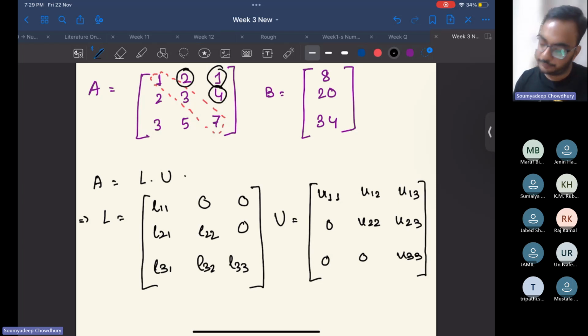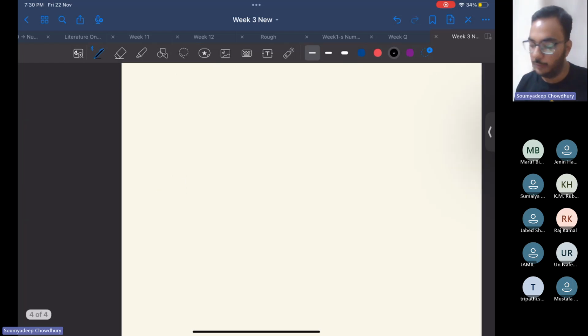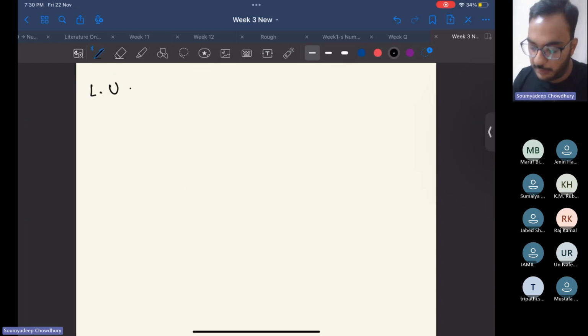So now, basically, we will be multiplying these two L and U matrices. So what will be L into U?